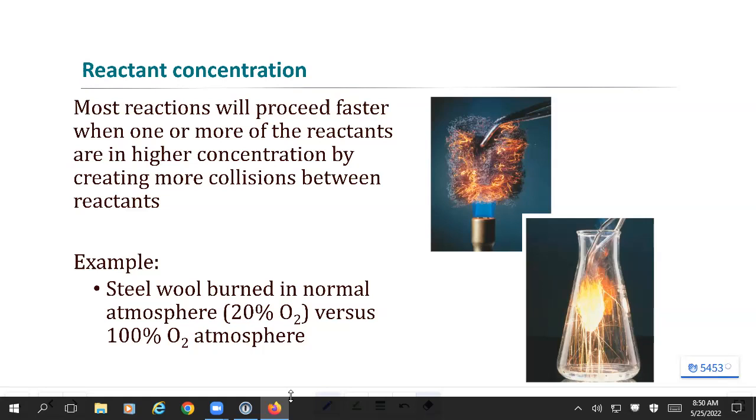The reaction goes a lot more vigorously, looks a lot more like a firework as opposed to just something kind of getting hot. So yes, concentration does have a significant impact. It does make a pretty considerable difference. And again, we'll get more into that when we talk about rate laws tomorrow.